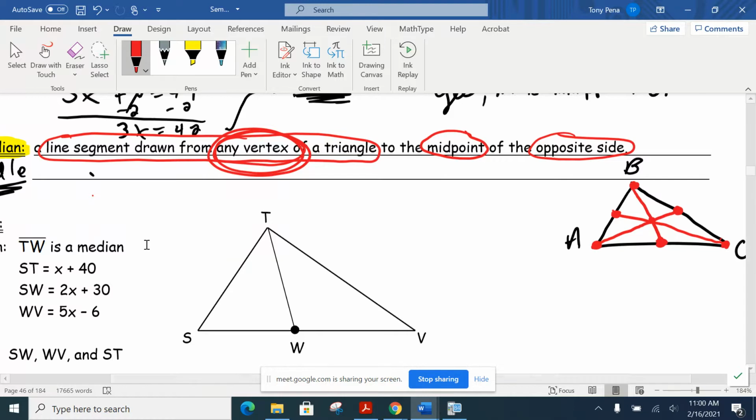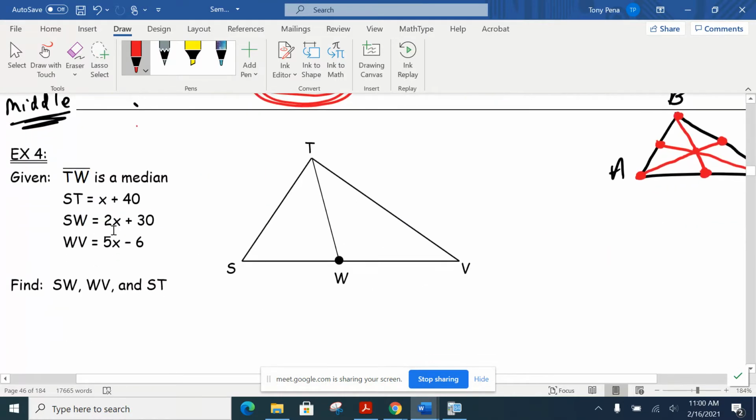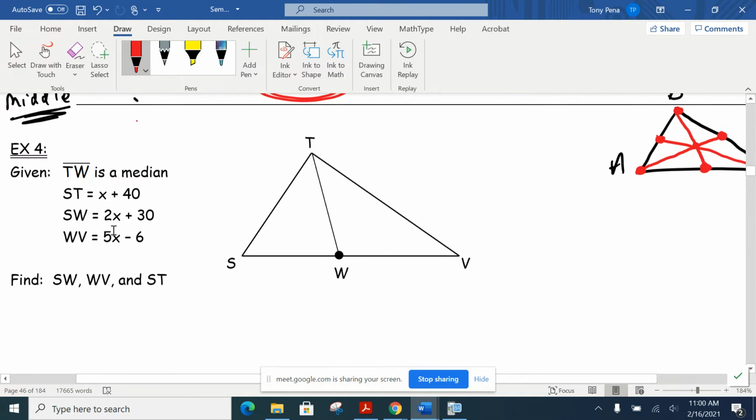All right. So now to apply that to a little problem, so we can do this in the future. First thing I tell you is that TW is a median. So this segment right here is a median. So apply that idea with the things that we talked about at the top of the page. Doesn't that mean that W is the midpoint of SV?